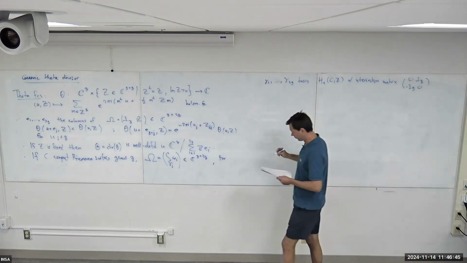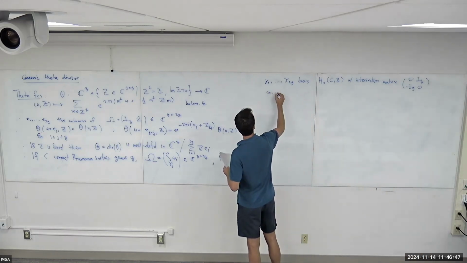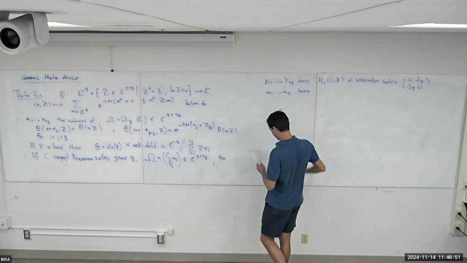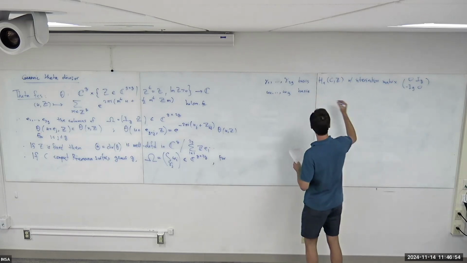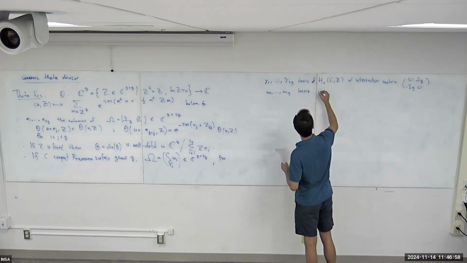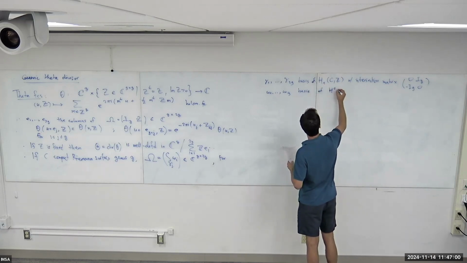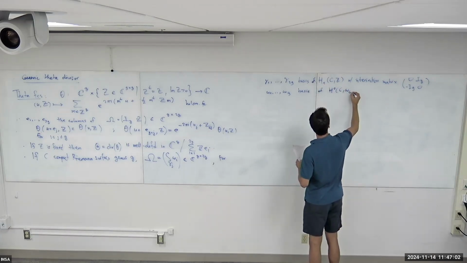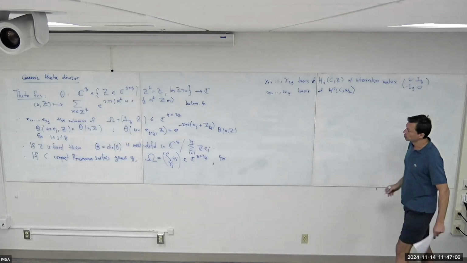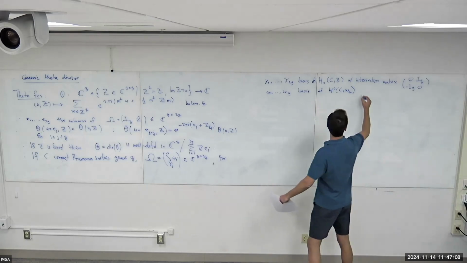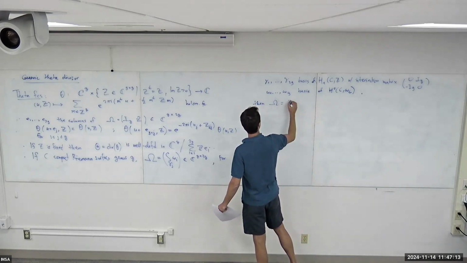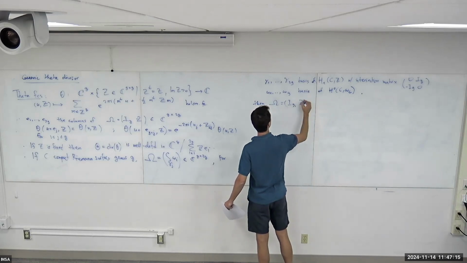And omega 1 through omega g, a basis of holomorphic differentials. So if you do this, then the period matrix is of the type (I_g, Z), with Z as above.